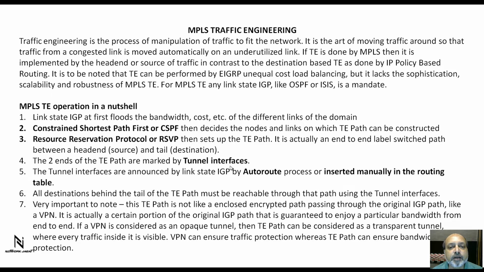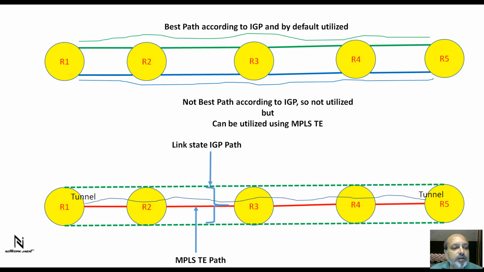The traffic engineering path is initiated by this node, which will be considered the head end, or the beginning of the path, and where the path gets terminated will be considered the tail end. So the TE path is actually a direct logical connectivity from the head end to the tail end device.